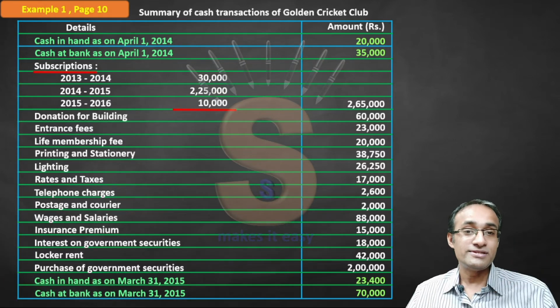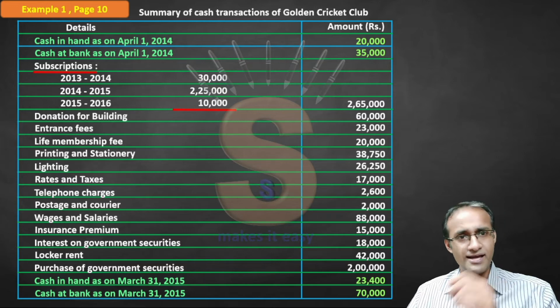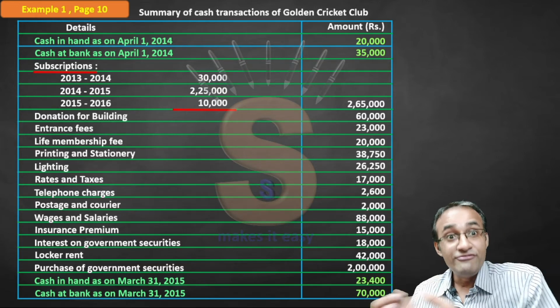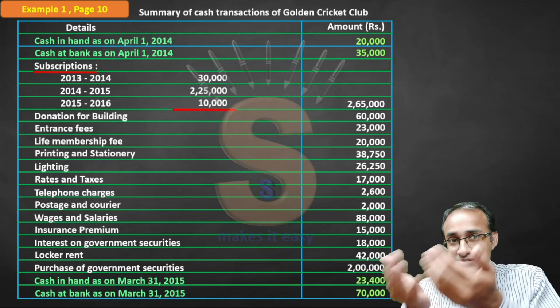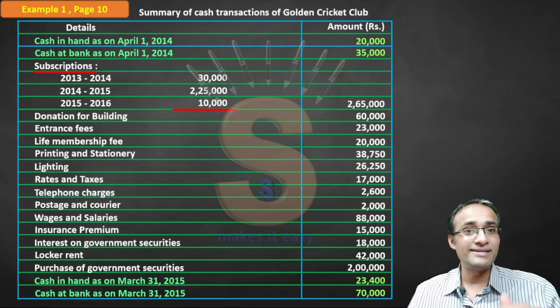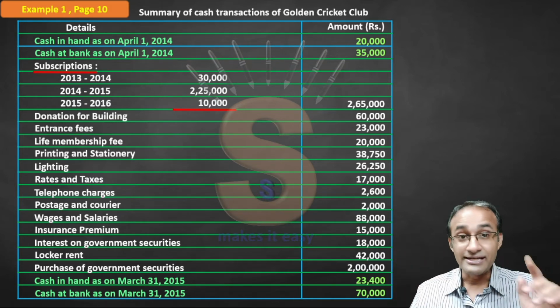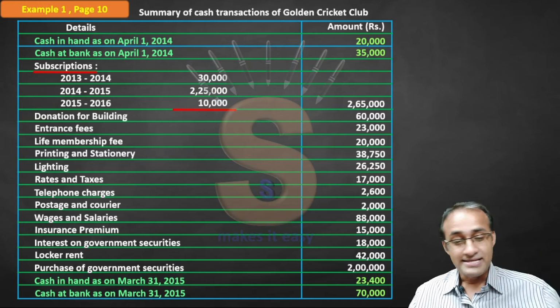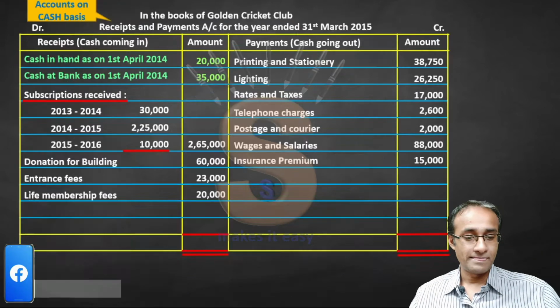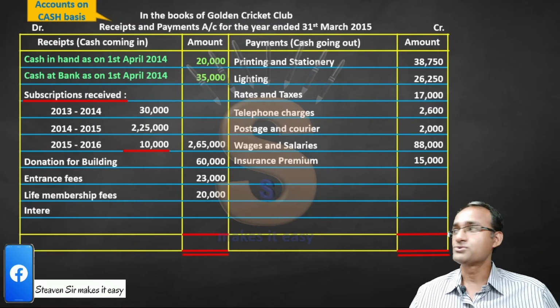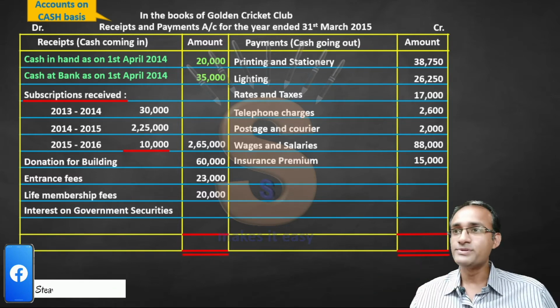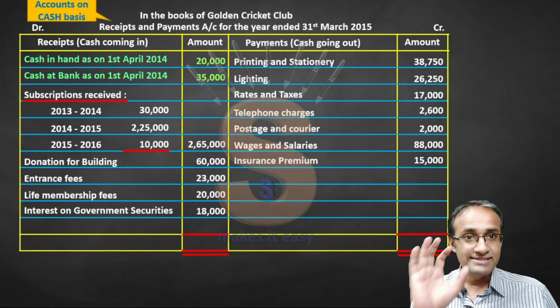Government securities is your investment. आपने गवर्नमेंट में पैसे इन्वेस्ट किए हैं. तो इंटरेस्ट आएगा ना, आप इंटरेस्ट कमाते हो, खर्चा नहीं होता है, कमाते हो, तो ये रिसिप्ट साइड पे आएगा. Okay, so on the receipt side, interest on government securities 18,000.